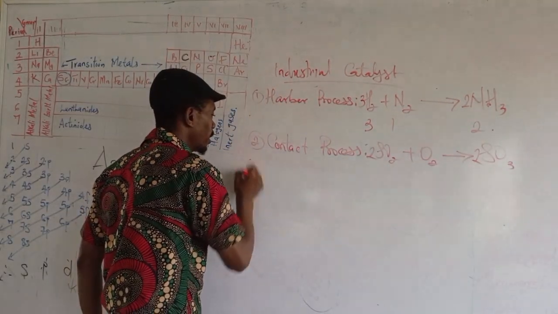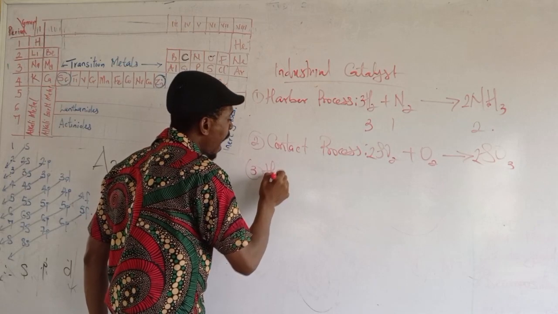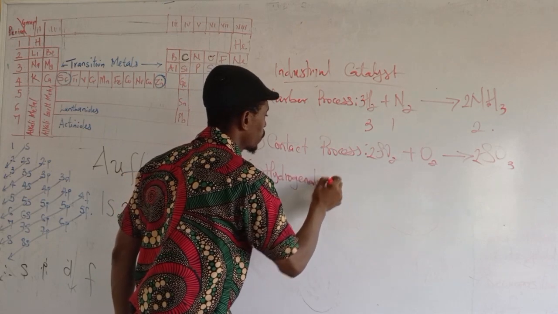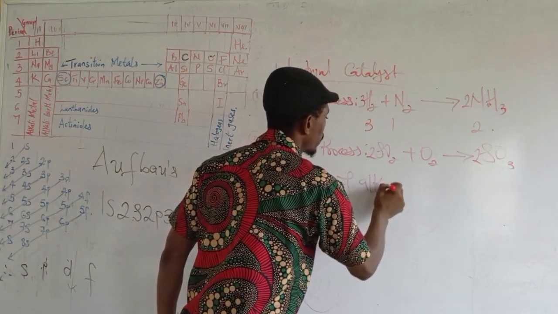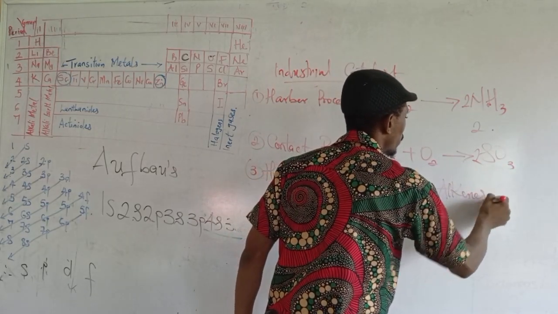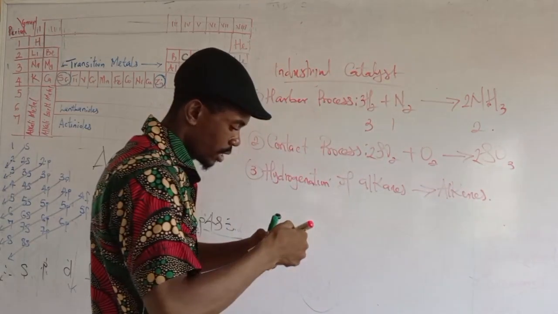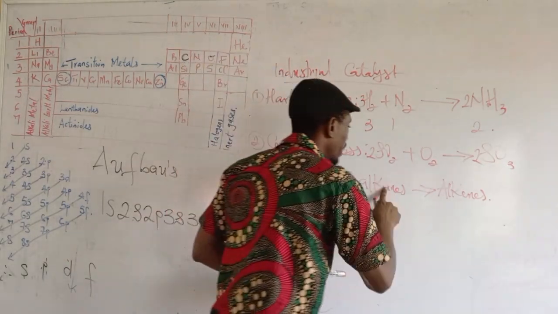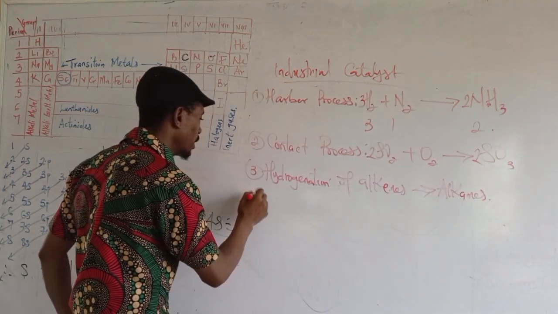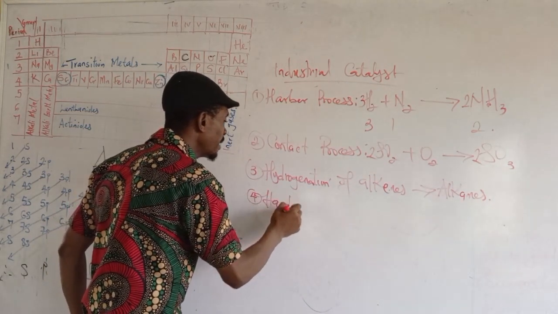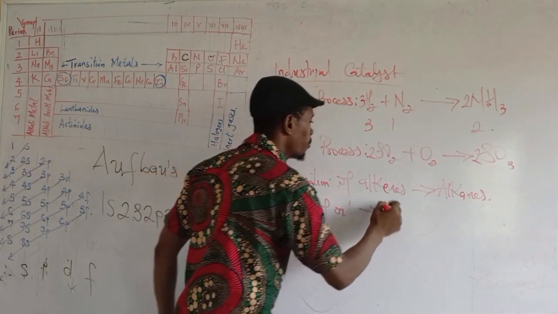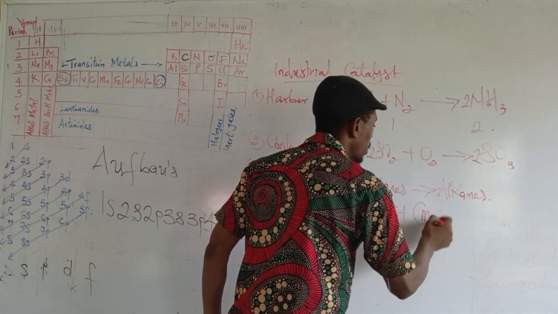The next one, number 3, is what is called the hydrogenation of alkenes to alkanes. Sorry, I first said alkanes to alkenes, but it's supposed to be alkenes to alkanes. While fourthly is the hardening of oil to form fat called margarine.